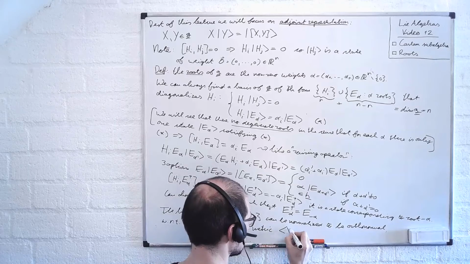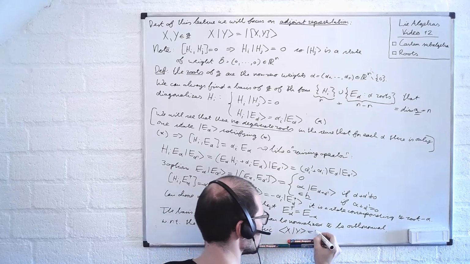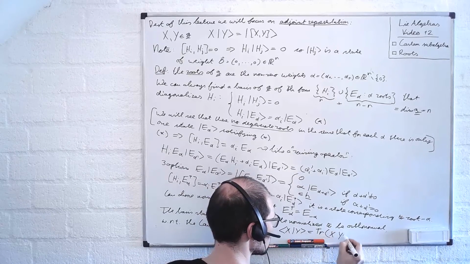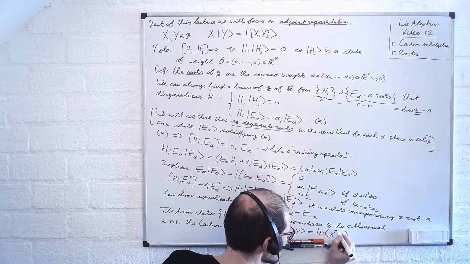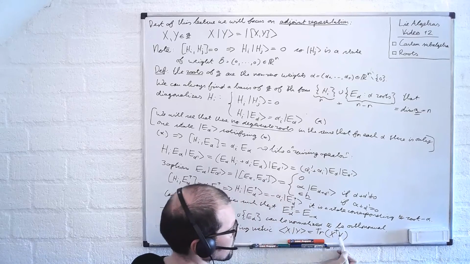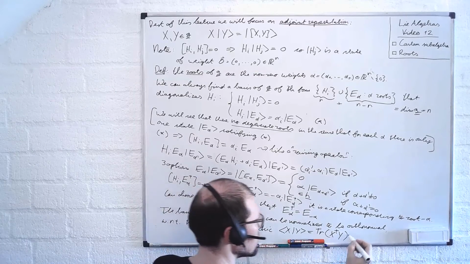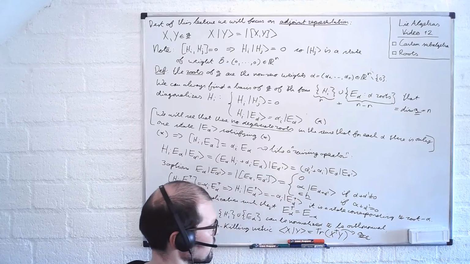That is the metric that we saw last time, given by the trace of x, y, except, and this is slightly different from what we've seen before, that we're going to put a Hermitian conjugate on the x. This is really a consequence of working in the complexified Lie algebra.